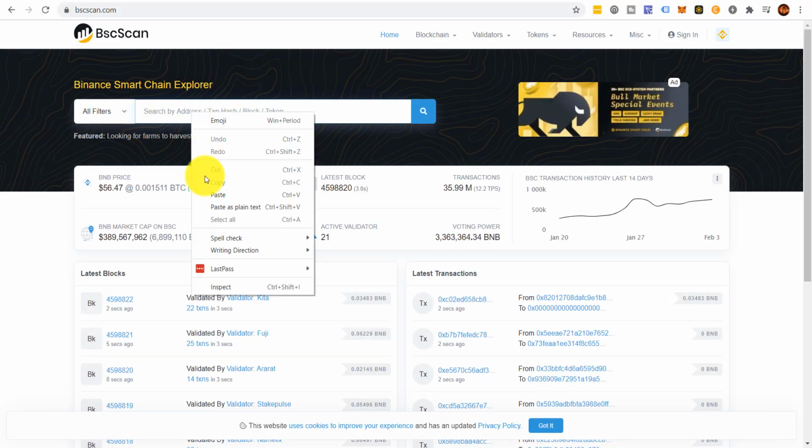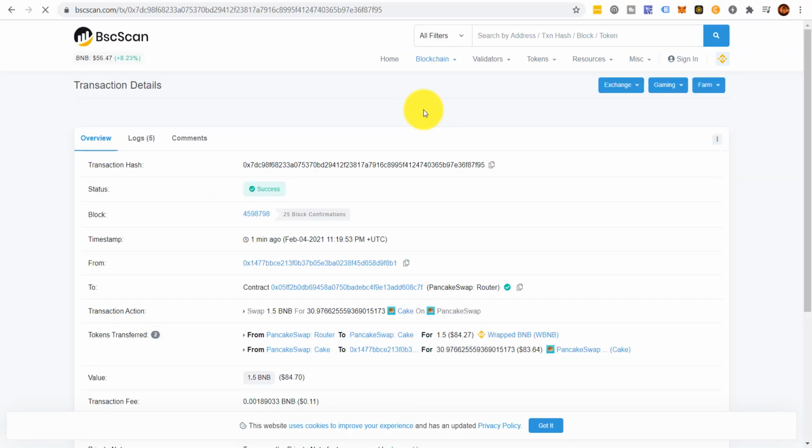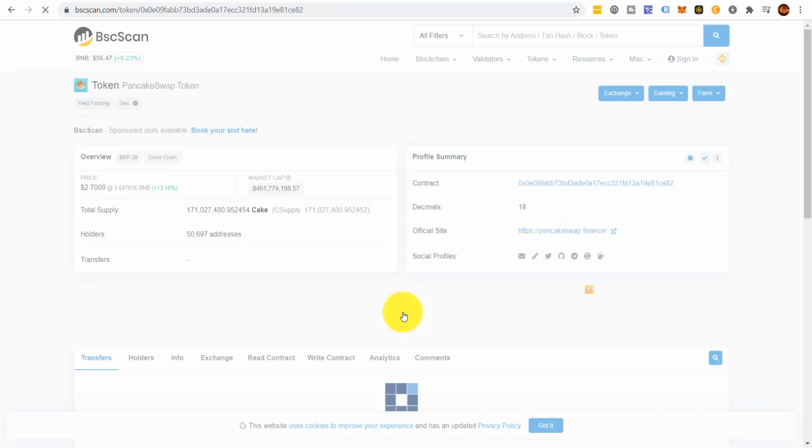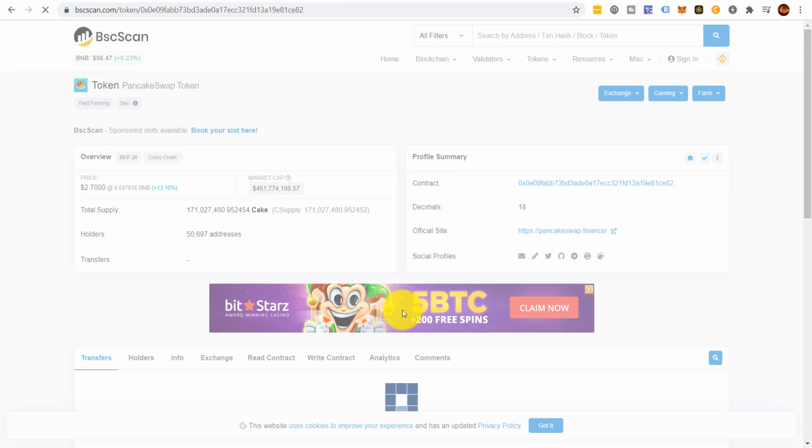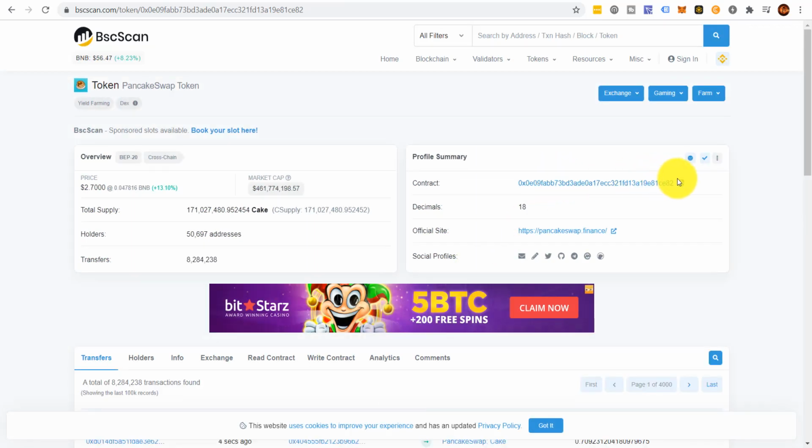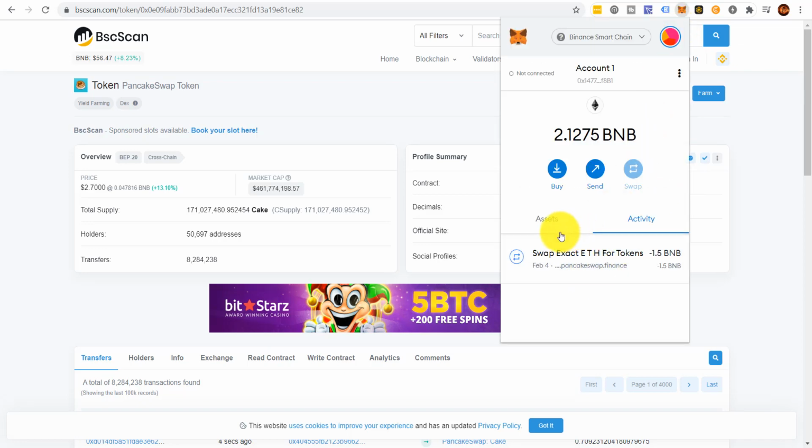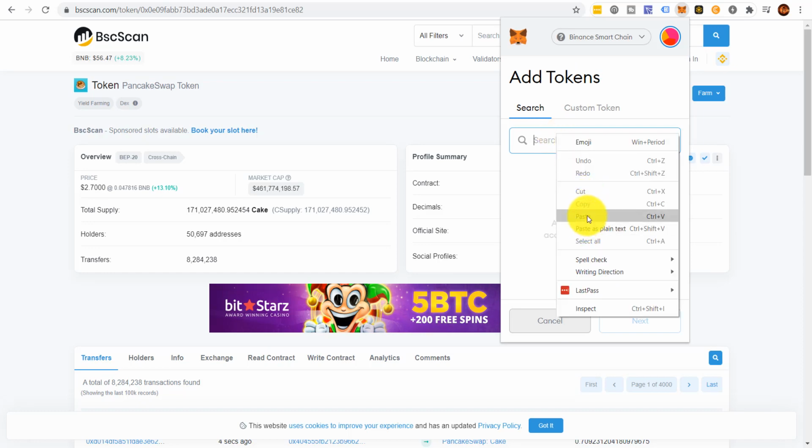We will paste this. This is the transaction, and it's coming from the Cake. So we want to go here. What we're looking for is this contract right here. We're going to add this token to MetaMask.